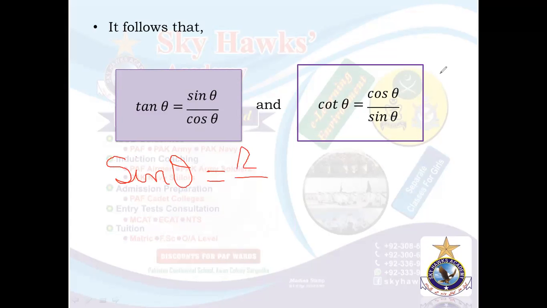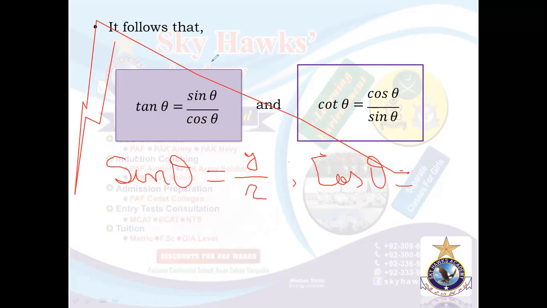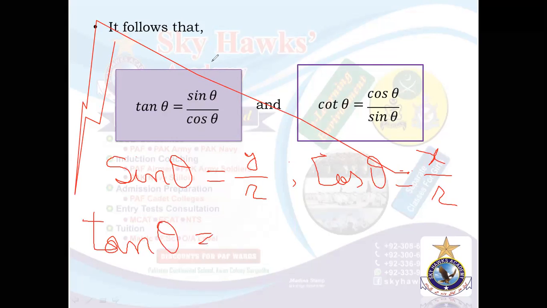And the cos theta, from the previous diagram, was x over r. So tangent theta, if we write it in this way, is equal to sine theta over cos theta.